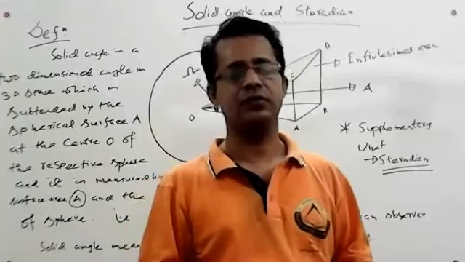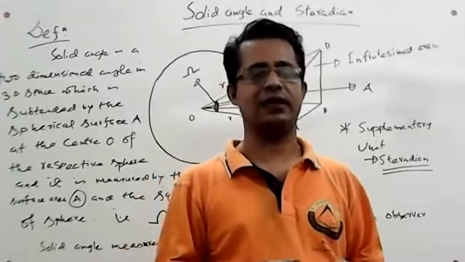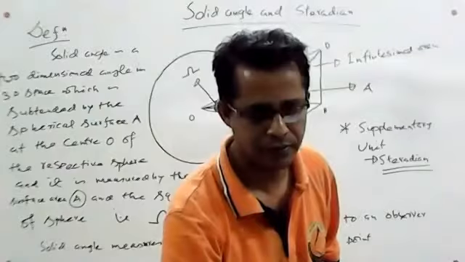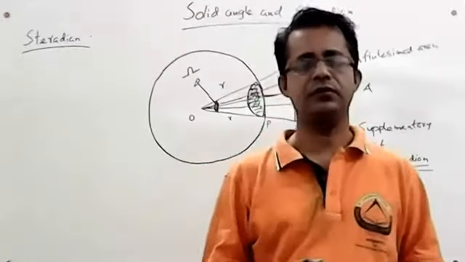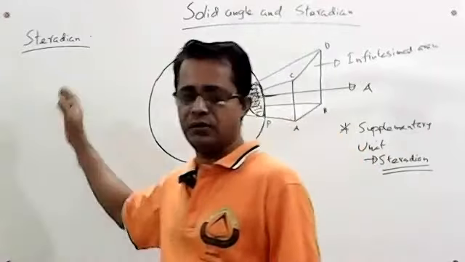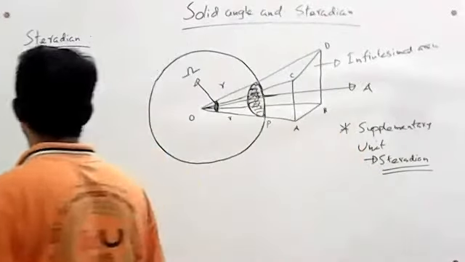Now, we are going to see what is 1 steradian. That is the definition of 1 steradian. So, dear students, we are going to define what is steradian or the definition of 1 steradian.